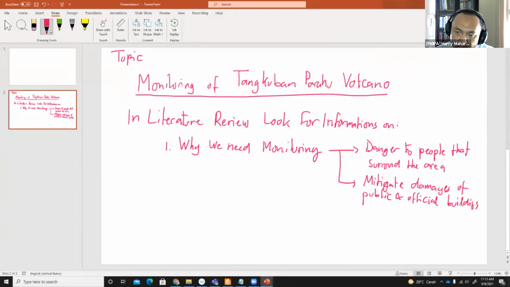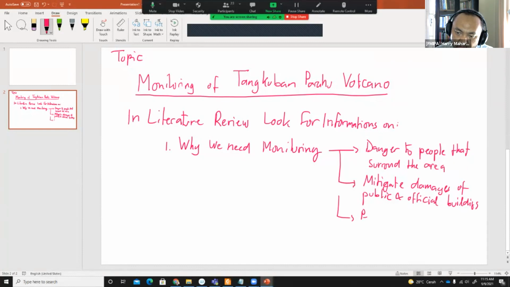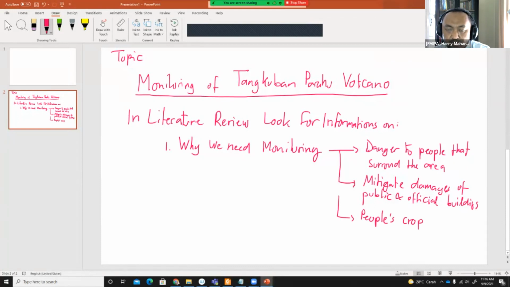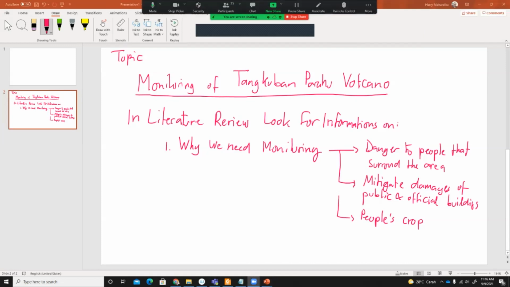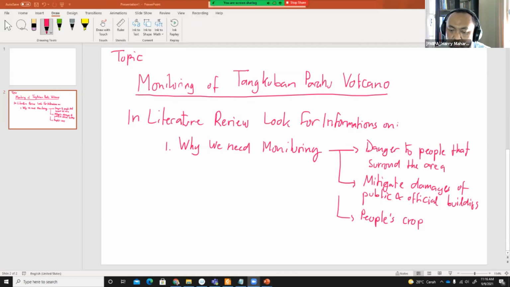And also people's crops. What crops mean here is that people who live around the volcano, most of them are farmers and also people who grew livestock, for example, cows, sheep, chickens, and so on.